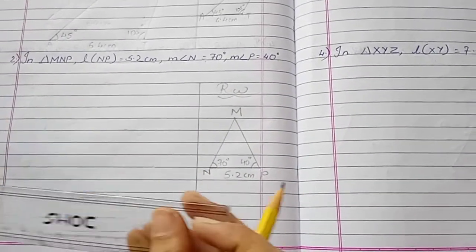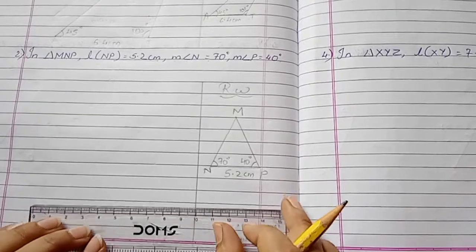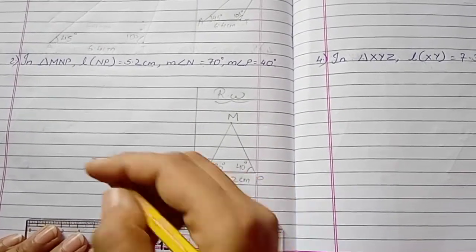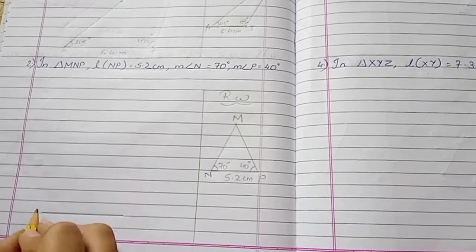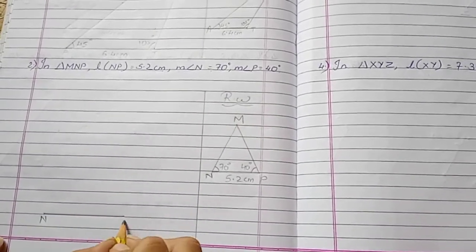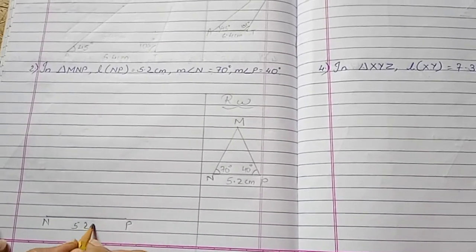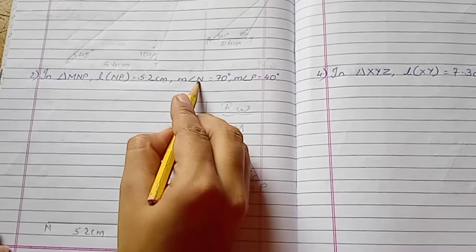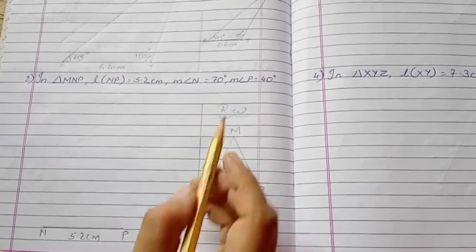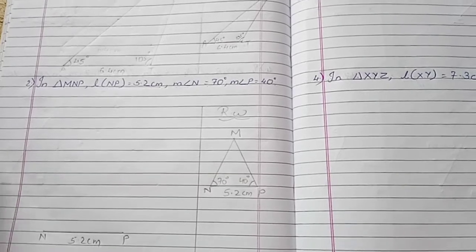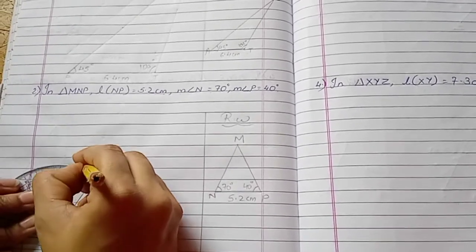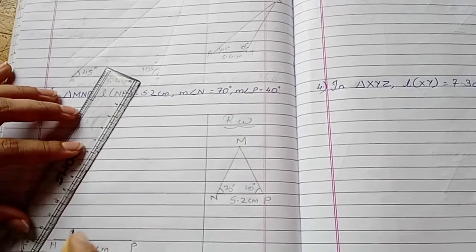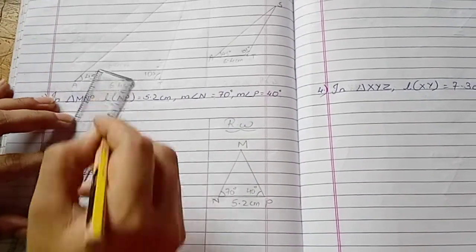Now with the help of a scale I will draw a line of 5.2. I will write here NP is 5.2 centimeters. Your measure angle N is 70 degrees. So with the help of the protractor, I will take measure angle 70 degrees and I will join the line.